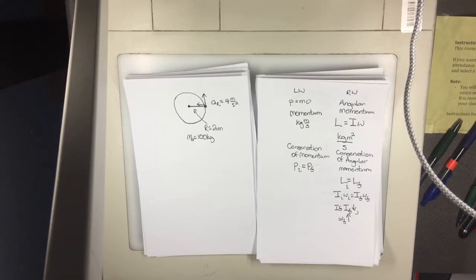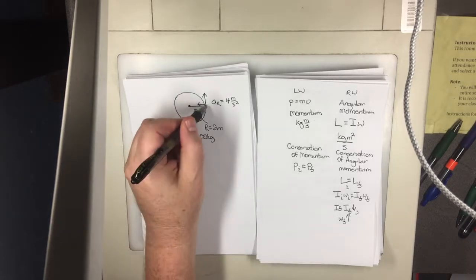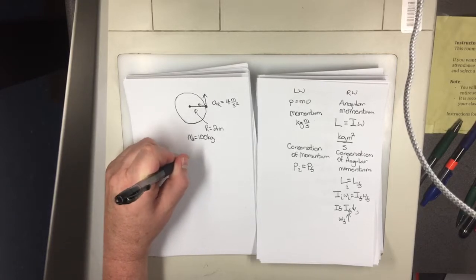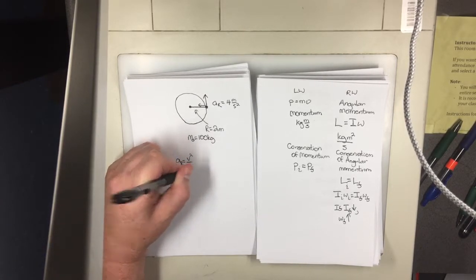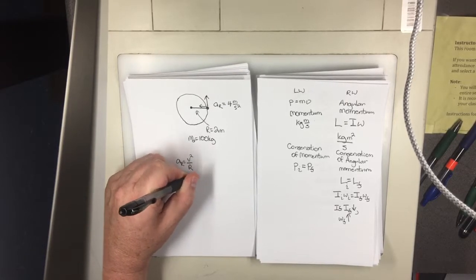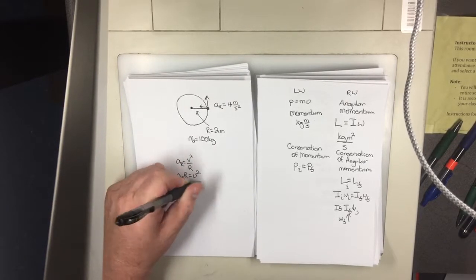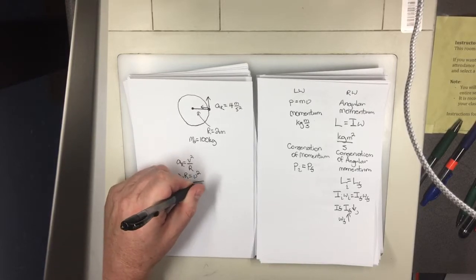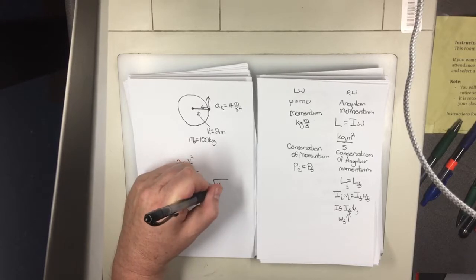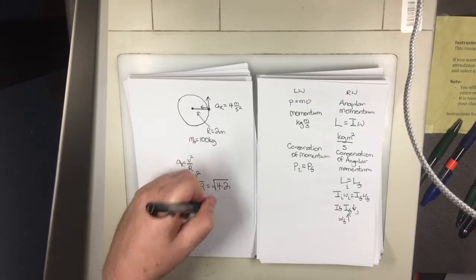So if I have a radial acceleration of 4 meters per second squared, what is the linear velocity of this particle at the edge? Well, AR is equal to V squared over R. So AR times R is equal to V squared, or V is the square root of AR times R, which is the square root of 4 times 2.